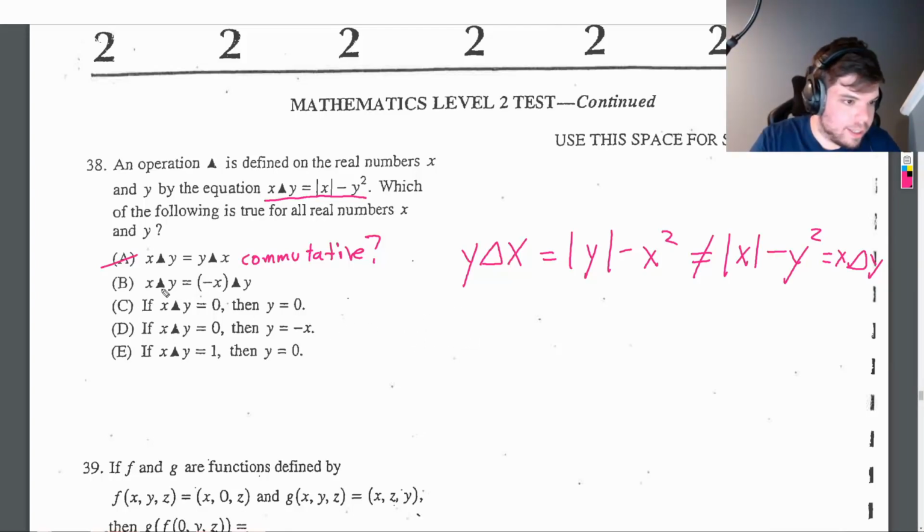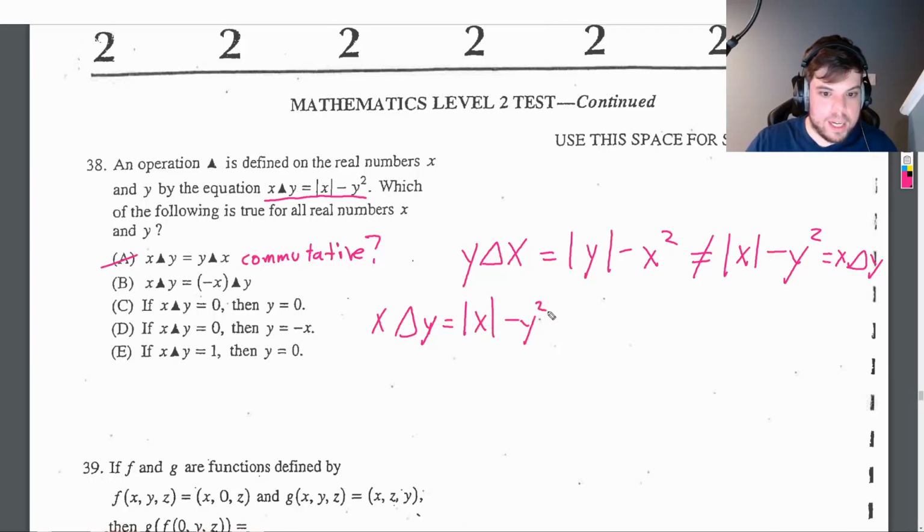What is this asking? I don't know. There's not really a word for that as far as I know. Okay, so x triangle y, negative x triangle y. So we know x triangle y is the absolute value of x minus the square of y.